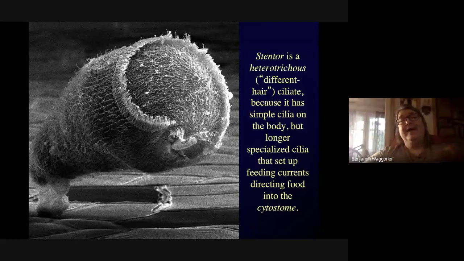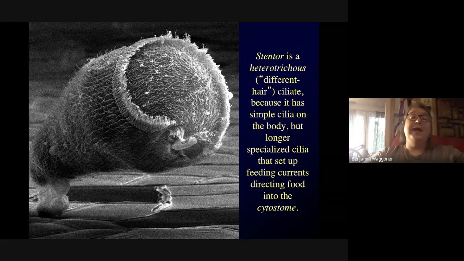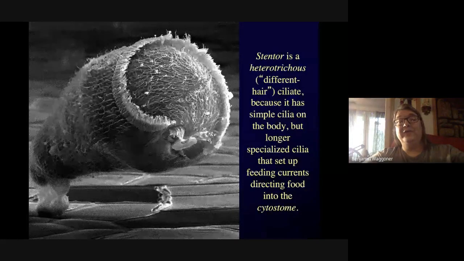Tetrahymena had cilia of all the same length, but there are some ciliates that have cilia of more than one length. This is Stentor taken under a scanning electron microscope, and the body's covered with fairly simple cilia. If you look, you can see that they're in those rows, the kinetes.